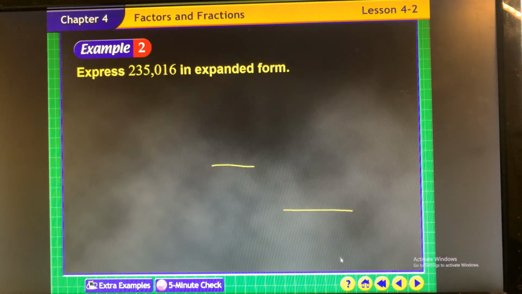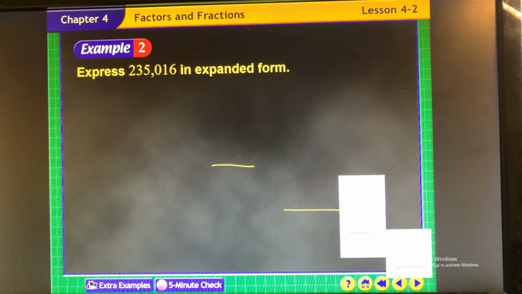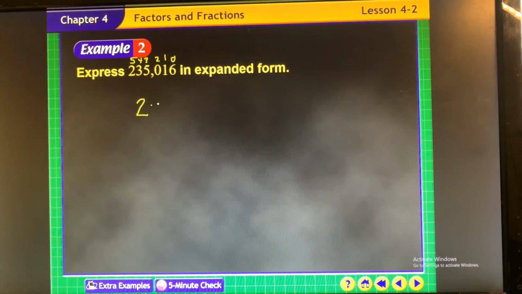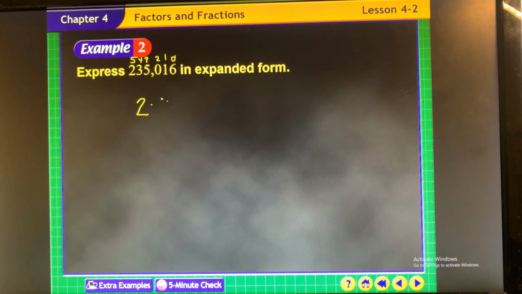So watch this. Start right here and start with 0. So go 0, 1, 2, 3, 4, 5. That tells you what the exponent that the 10 will be to. So it'll be 2 times 10 to the 5th.